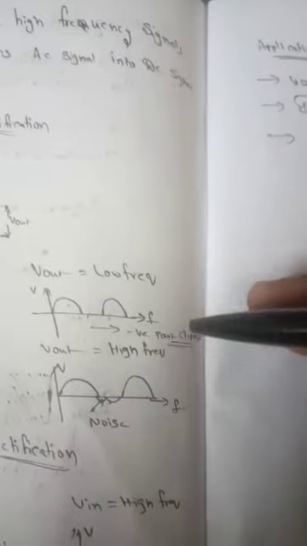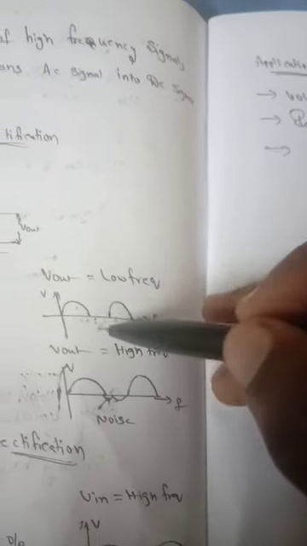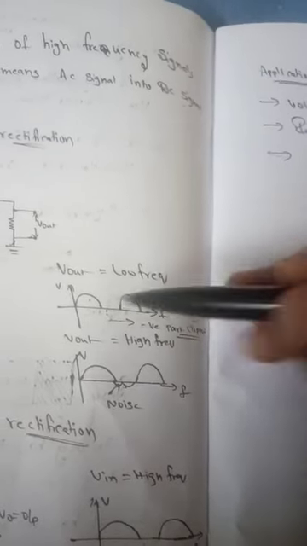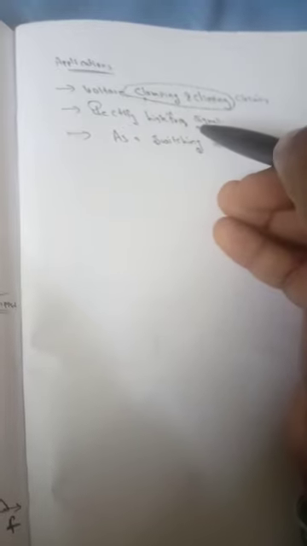Clipping means that, as we observed in the graphs, the negative part is clipped, meaning cut. We will discuss in detail what clipping and clamping mean in further subjects. It also rectifies high frequency signals and acts as a switching device. Those are the applications of the Schottky diode.